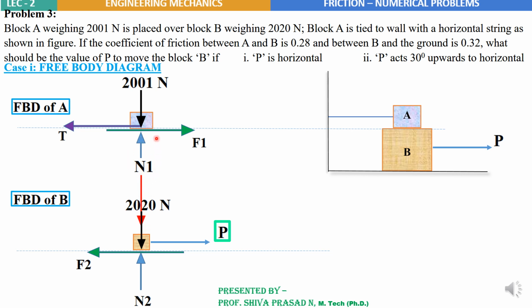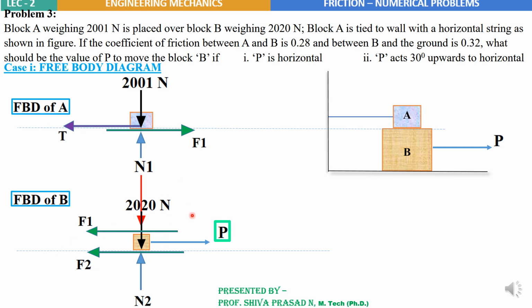This N1 acting towards A will also impart a downward direction towards B. So this is the one force, and the next force is the friction between A and B. That will be in the left side direction.